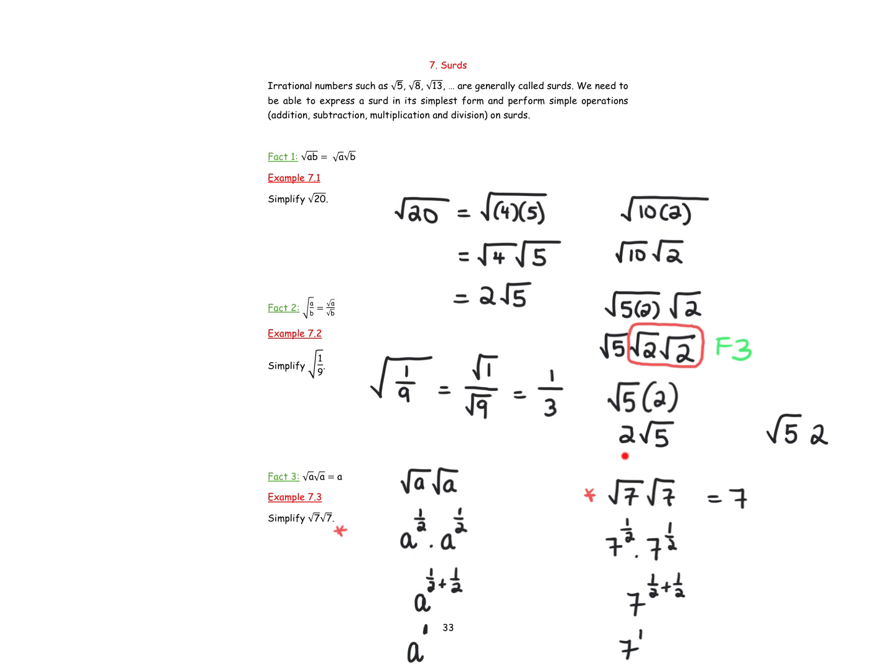If you ever have two numbers that are multiplied by each other, where one of the numbers has a square root, always write the square root last and keep the other number in front of it to make sure that people don't get confused and think that you mean the other number is underneath the square root. Now on the next page, I'm going to go through a few examples of working with surds.